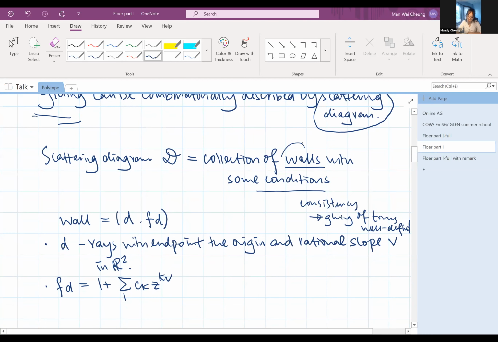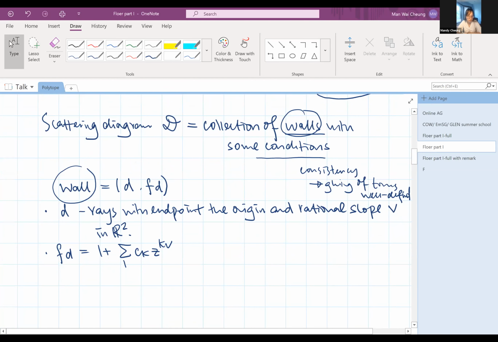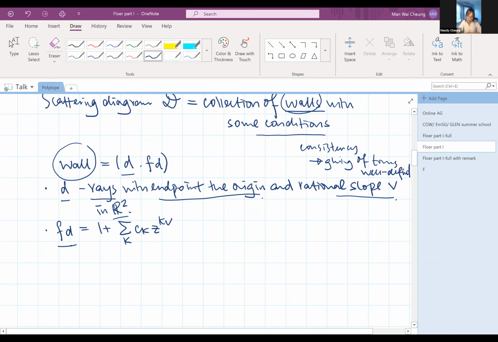But then what is a wall? It is like the first part of Julia's talk. Because it's dimension 2, a wall will be a ray, or half line, with endpoint at the origin and a rational slope v, and a wall function, which is some polynomial or power series dictated by this slope, maybe with a plus or minus depending on which sign convention you choose.